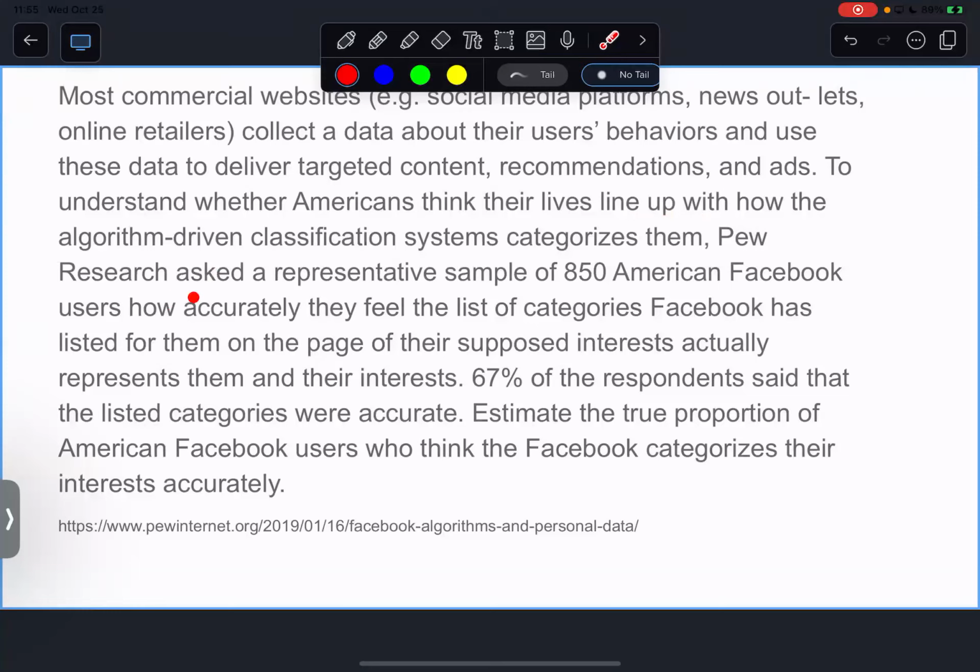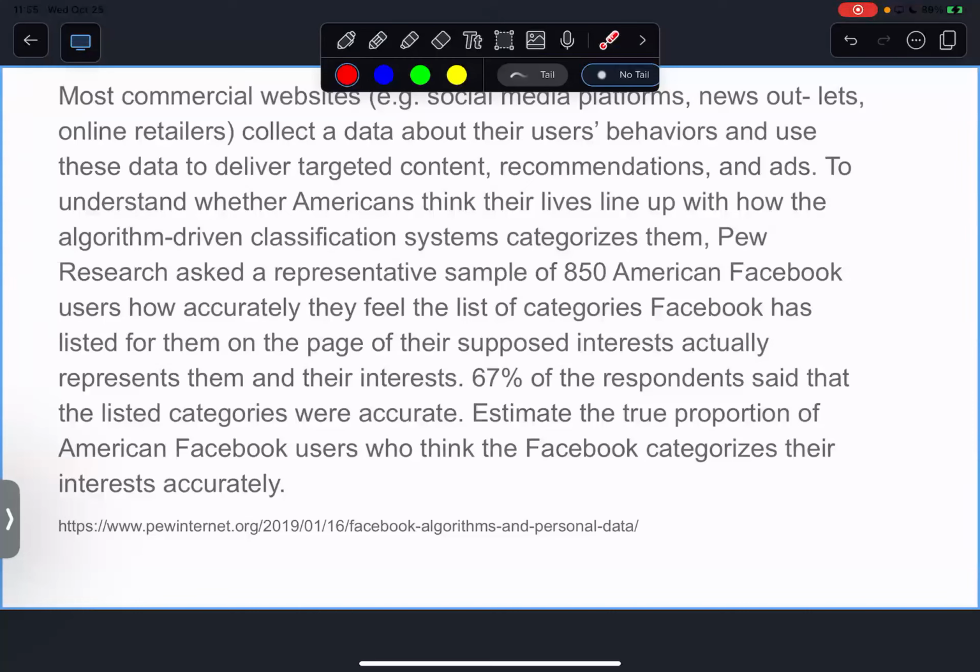Pew Research, a big research firm, asked a representative sample of 850 American Facebook users how accurately they feel the list of categories Facebook has listed for them on their page matches what their actual interests are. So basically, how good is their algorithm at predicting what you like?